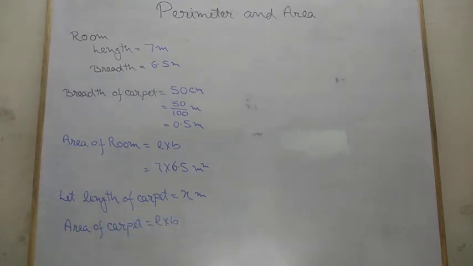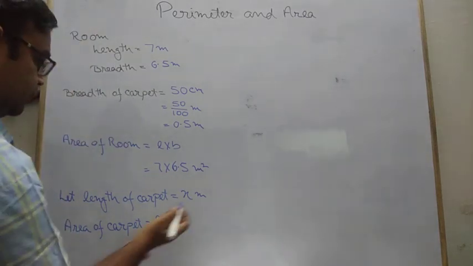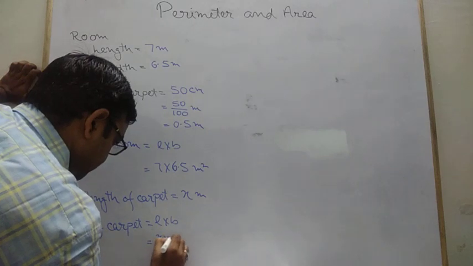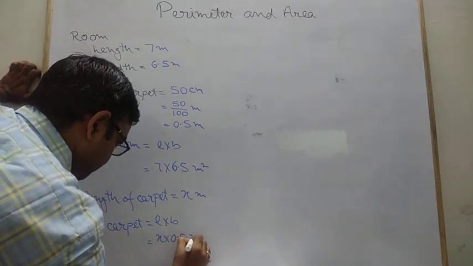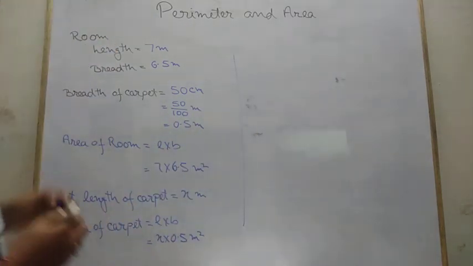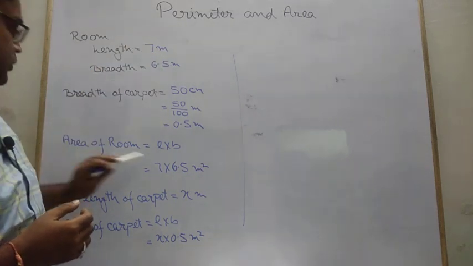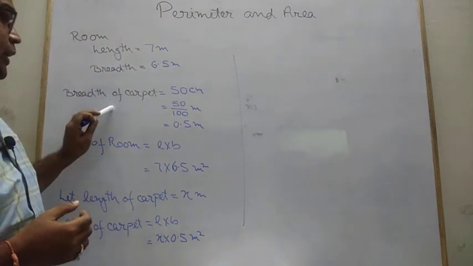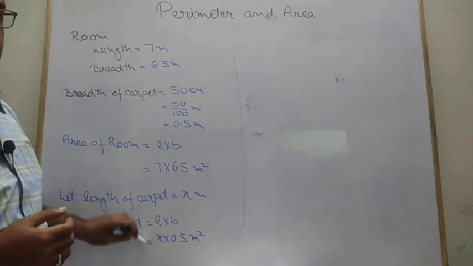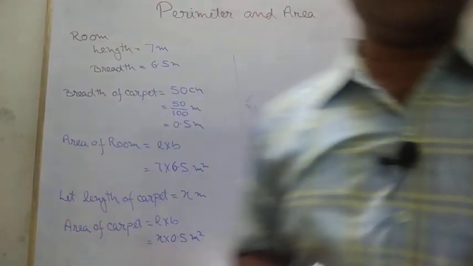Yes, length into breadth, and in this question length is x, breadth is 0.5, x into 0.5 meter square. Now see, our main aim is to cover this room with this carpet. We know the breadth, but we don't know the length of the carpet. So here we can write according to question.